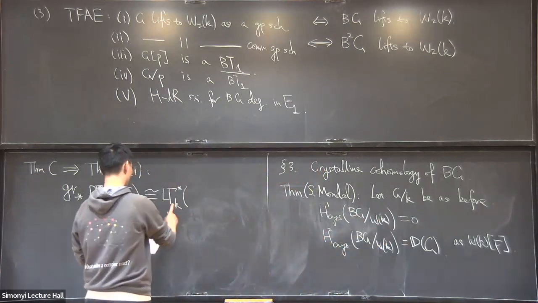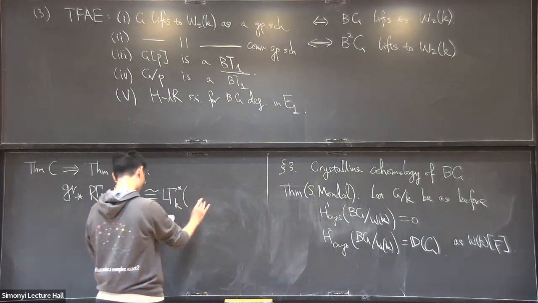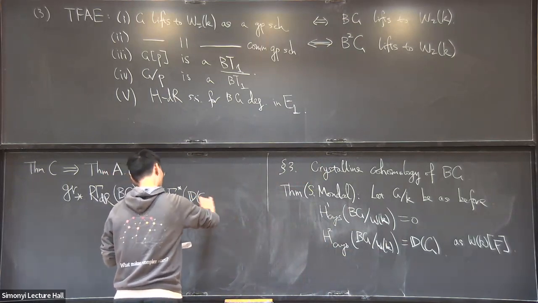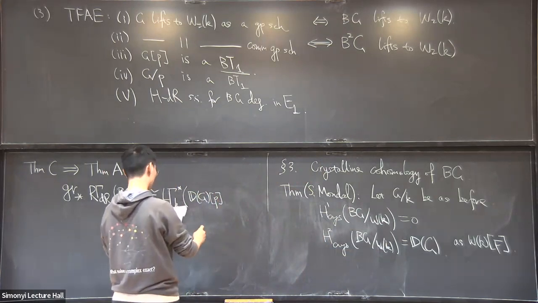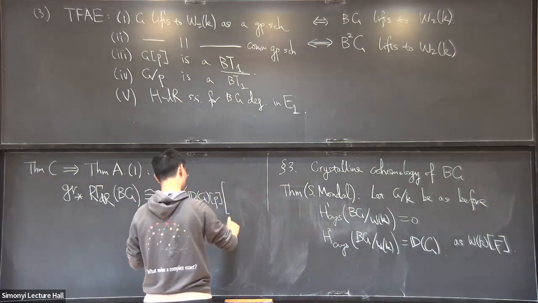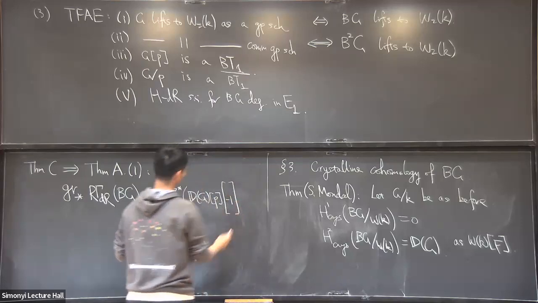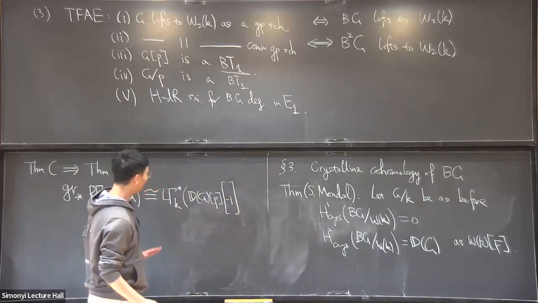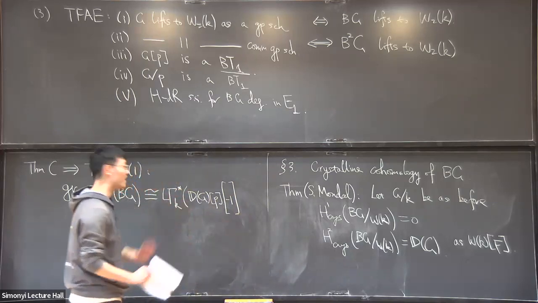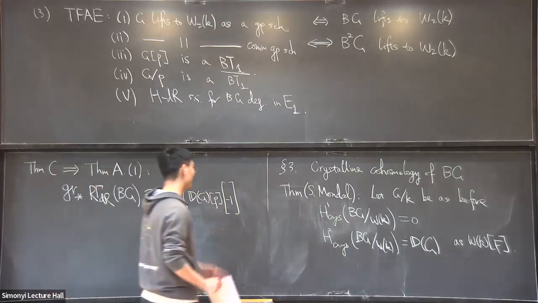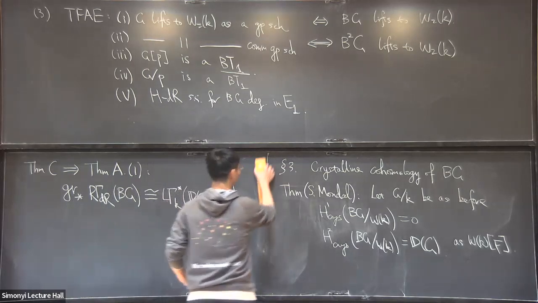So it's a complex living over a field. Therefore, quite canonically, you can write it like this. Now the notation is terrible. Okay, so this p means I'm taking the p-torsion of this module, and this minus 1 means homological shift.